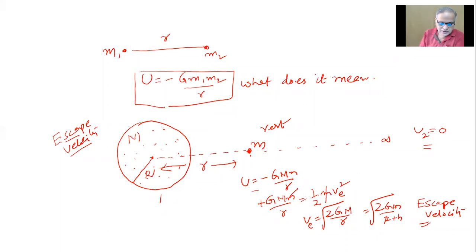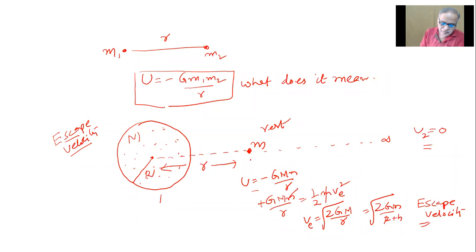But since when I'm throwing it, I'm giving the velocity to this, and this is moving away and this is not moving, I'm saying it is the potential energy of this mass alone. If the earth moves, then this potential energy will be shared by both of them. So that will come back later.